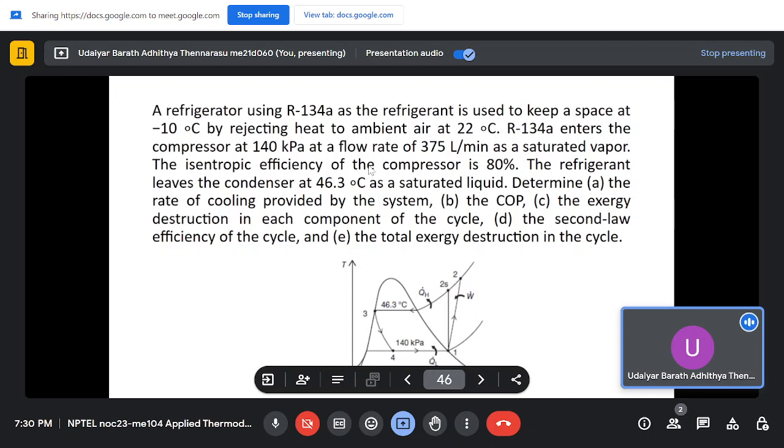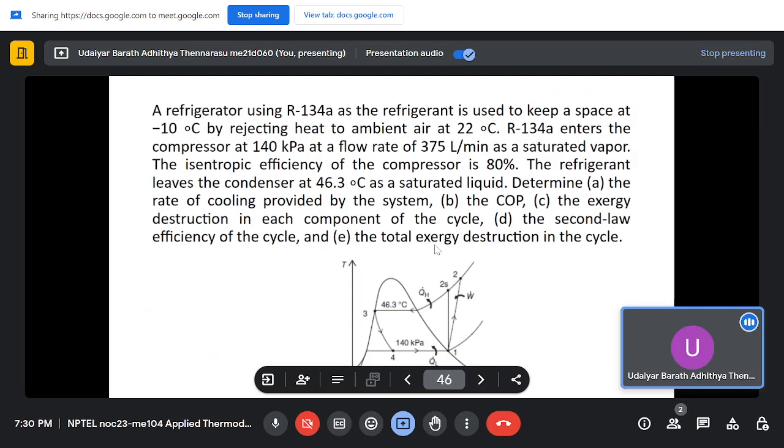The isentropic efficiency of the compressor is 80%. The refrigerant leaves the condenser at 46.3 degrees Celsius as a saturated liquid. Determine the rate of cooling provided by the system, the COP, the exergy destruction in each component of the cycle, the second law efficiency of the cycle, and the total exergy destruction in the cycle.